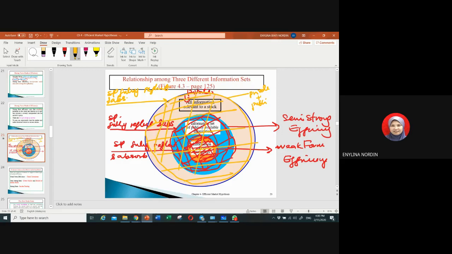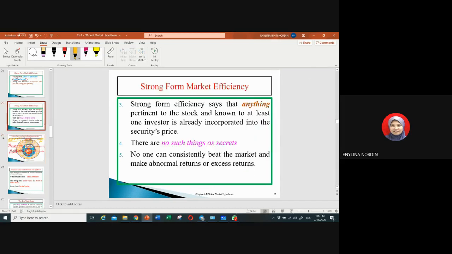Now your market becomes stronger, right? So that means the market now becomes strong form efficiency. That is what I mentioned just now: there is no such thing as a secret.